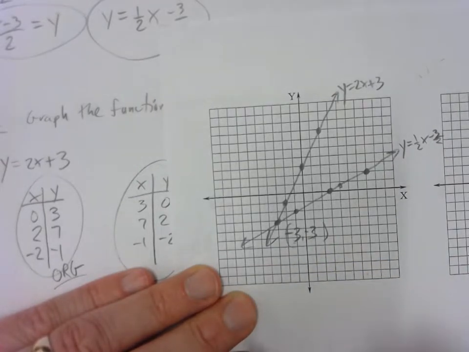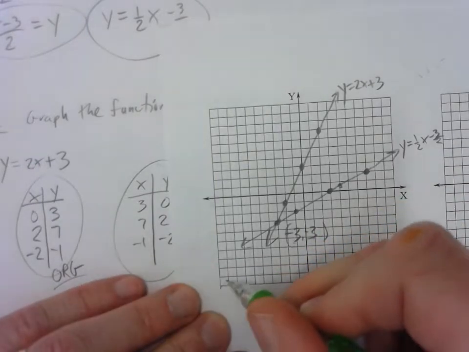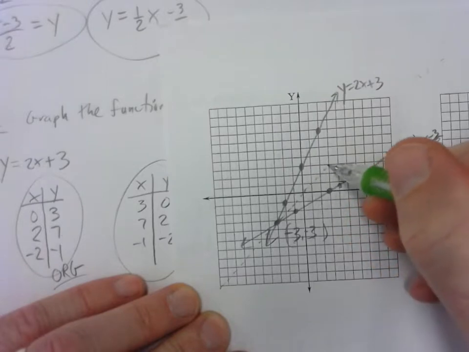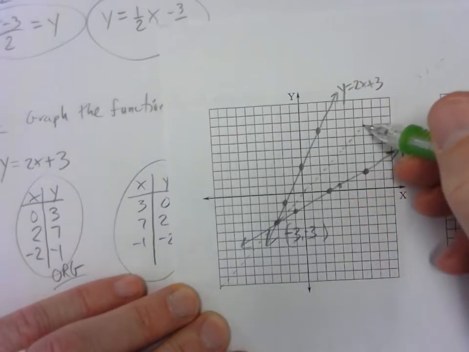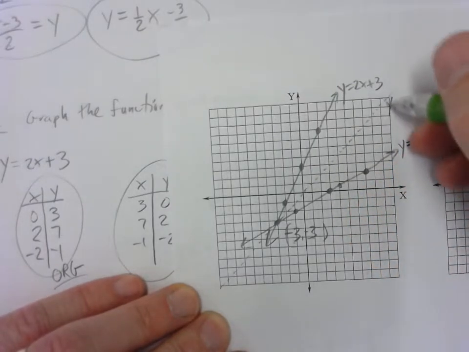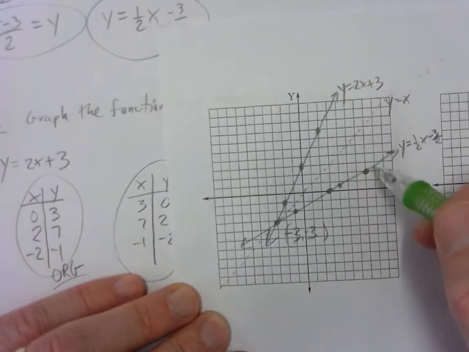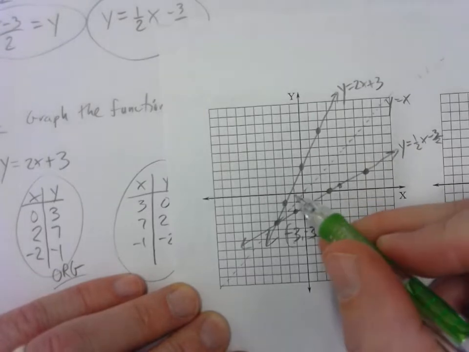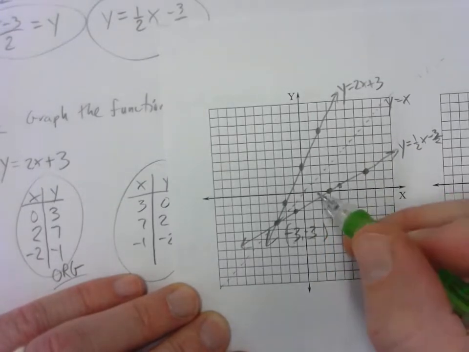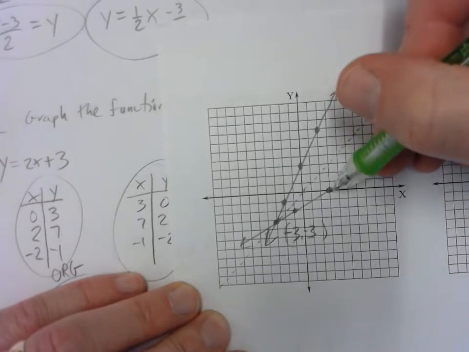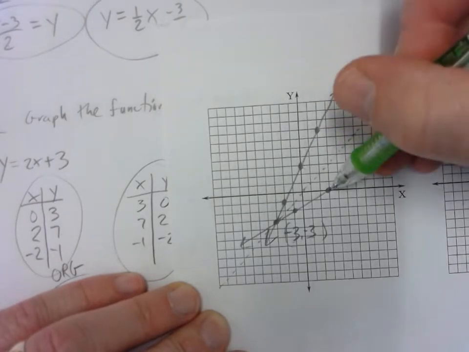Then all the other points flip across the line y equals x. So there's an invisible line here. It's a line of symmetry. This is the line y equals x, and that is a line that all of these points flip across. So notice this was 7, 2, and then 2, 7. They're mirror images of each other. 3, 0, 0, 3 are mirror images of each other.